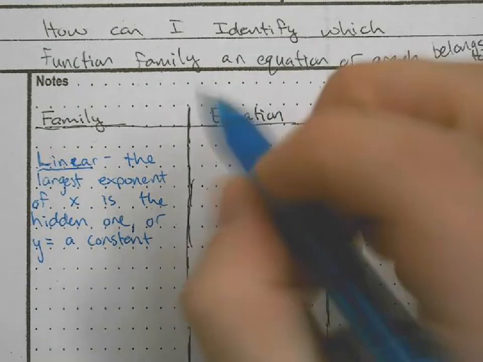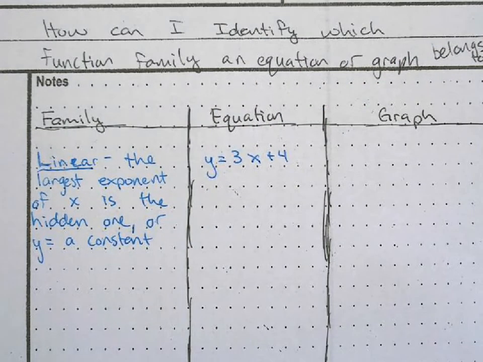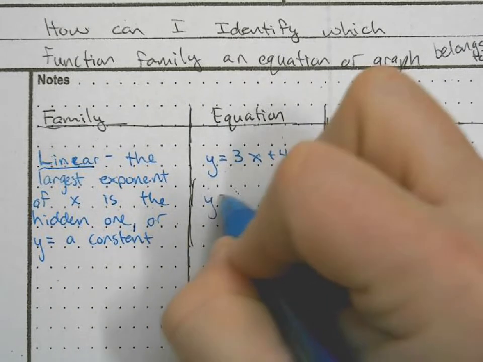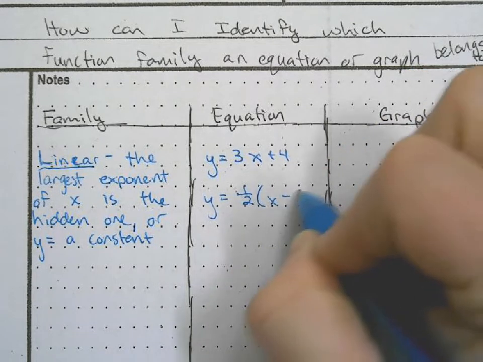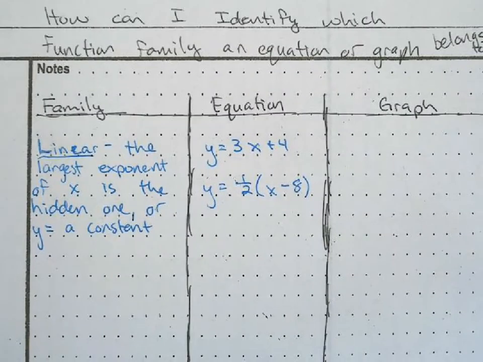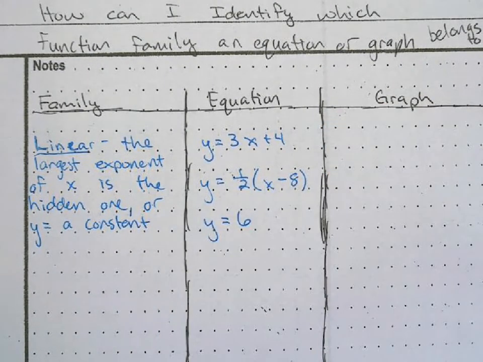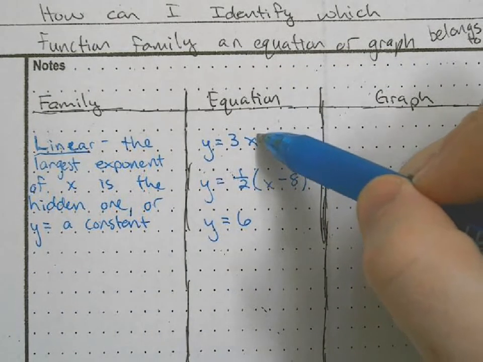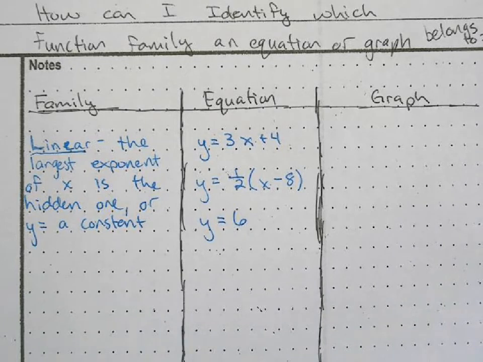So linear equations could be y equals 3x plus 4, y equals 1/2 times x minus 8. These are all just examples. Or we could say y equals 6. So my highest exponent is that hidden 1 on every x, or y can equal a constant.